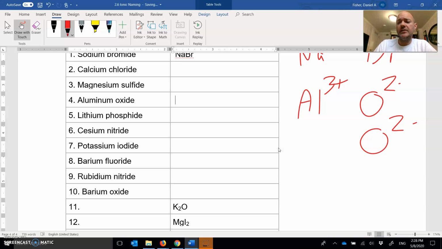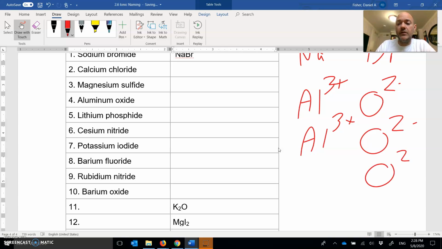And what that might look like, okay, so now if I add another aluminum, 3+, now I have 2 3 pluses. 3 plus, 3 plus, I add those together, I get 6+, which means I need to have 6-. I've got 2- and 2-, which means I've got 4-.